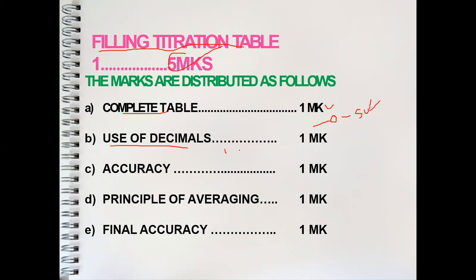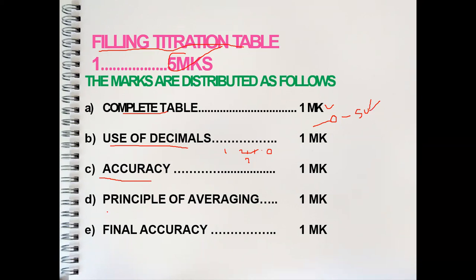That is, if it is 24.0, let it be 0.1 decimal, maybe 24.5, 24.6, and what have you. Then accuracy. So accuracy comes with the square value.